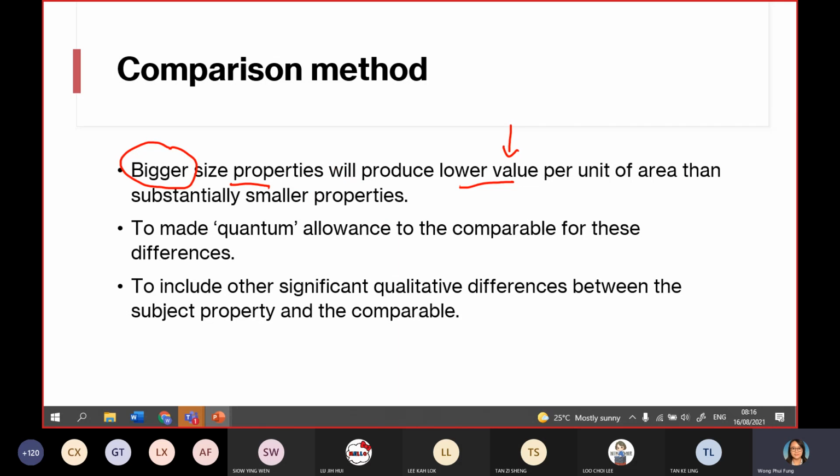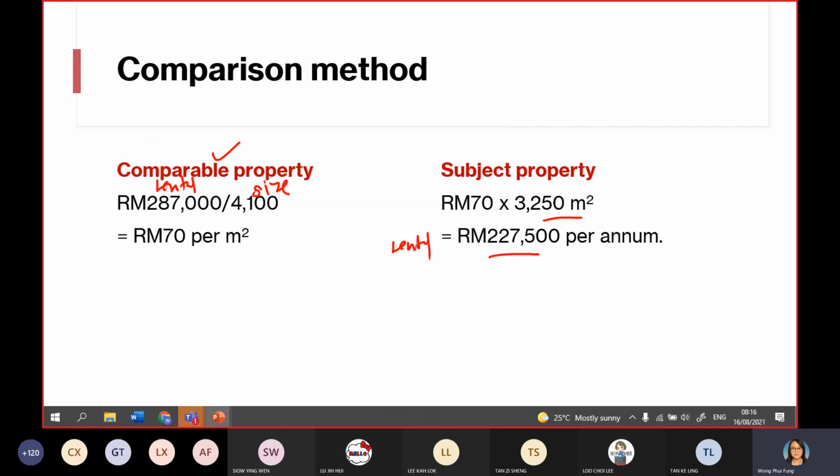What does it mean? Okay, go back to the calculation now. Your comparable property is this size, correct or not? 4,100, then you get 70. What if your comparable property is similar rental, but the size is smaller?